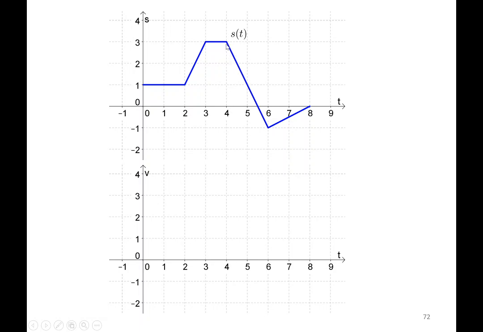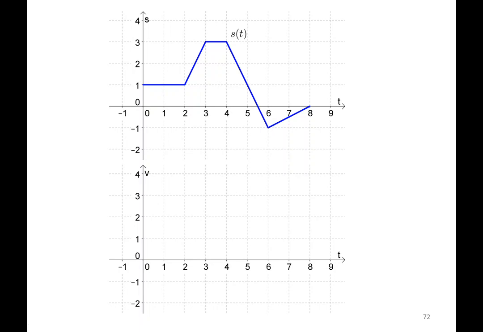It moves 4 in the negative direction, from a position of 3 down to a position of -1, over the 2-second interval from t equals 4 to t equals 6. Then the robot turns around at t equals 6 and starts moving in the positive direction until it ends at a position of 0. So that's how you can read the journey of the robot over the 8-second time interval.